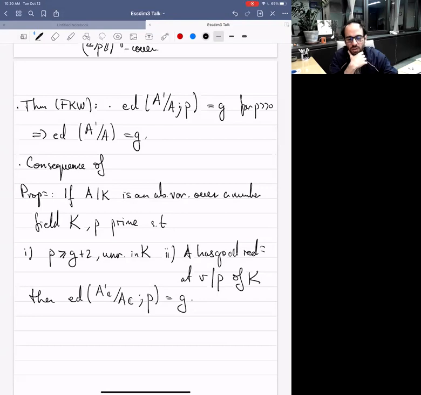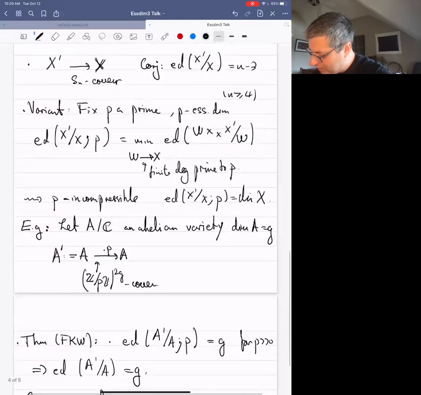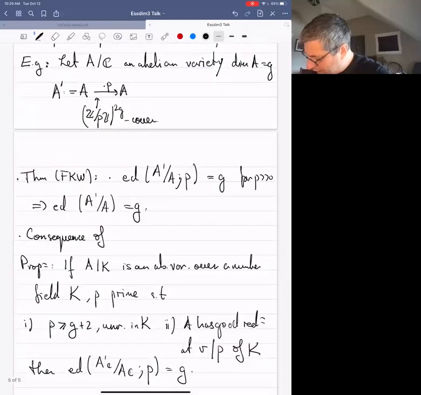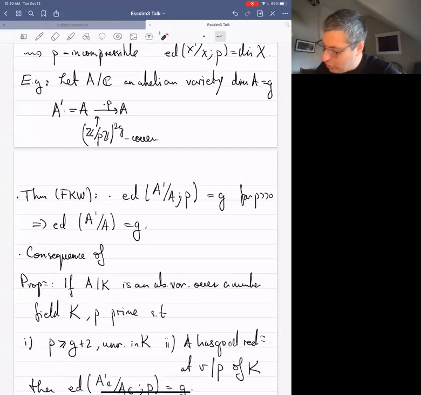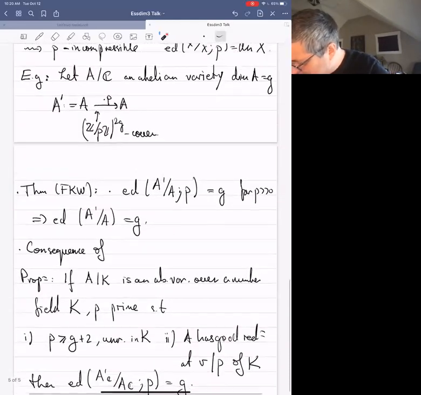Maybe since you interrupted, why is it important that you work with C, complex numbers? No, it's not important. You mean back here, in the theorem? Well, no, in the theorem, I guess it's not important. In the beginning, I said K is just an algebraically closed field. I should have said of characteristic 0, actually, right?